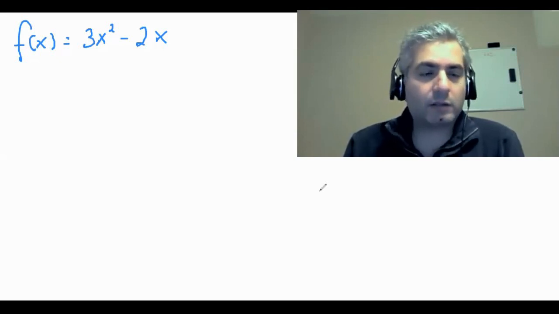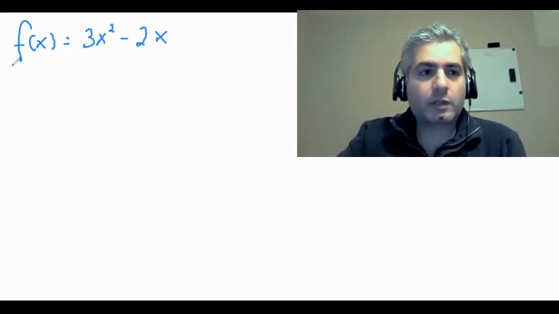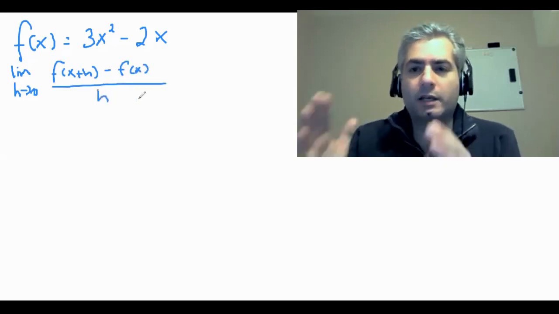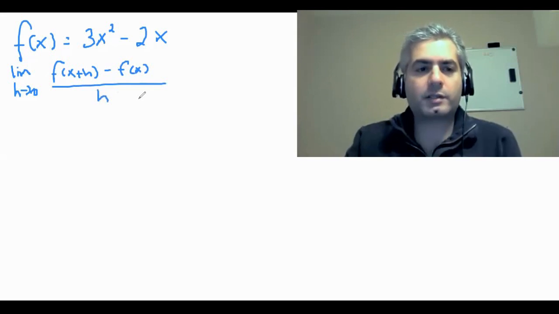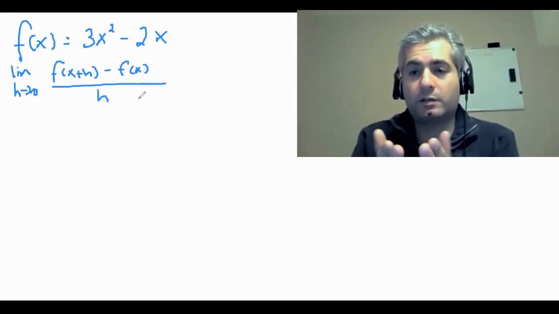So really, the idea is that we're going to apply a limit for the function. So the limit as h approaches 0, and we'll state the function. It's f of x plus h, minus f of x, all over h. And the goal here is that we're trying to get very, very close to the point of interest, where that difference in the terms of the x values is actually going to become 0.